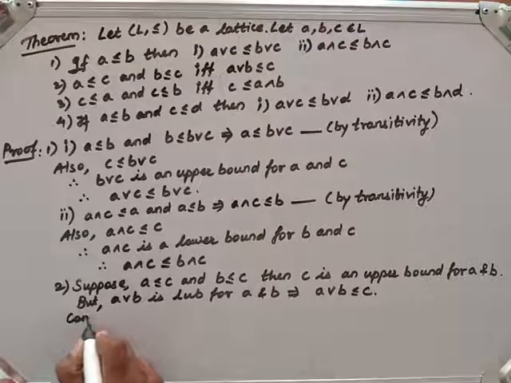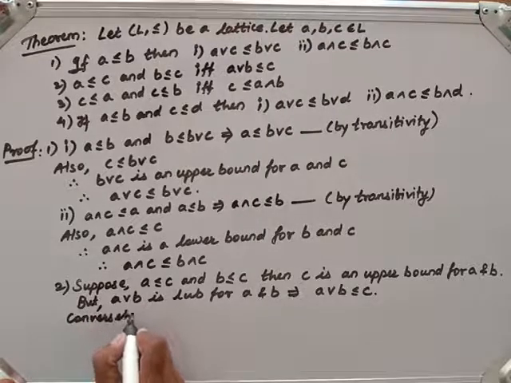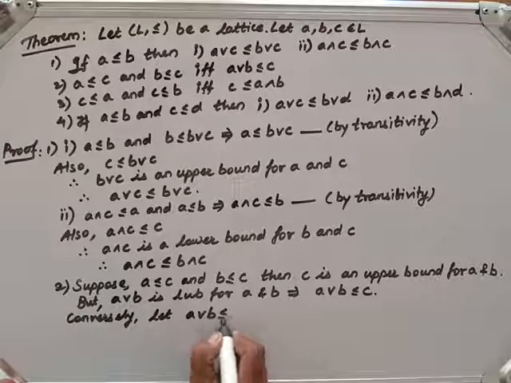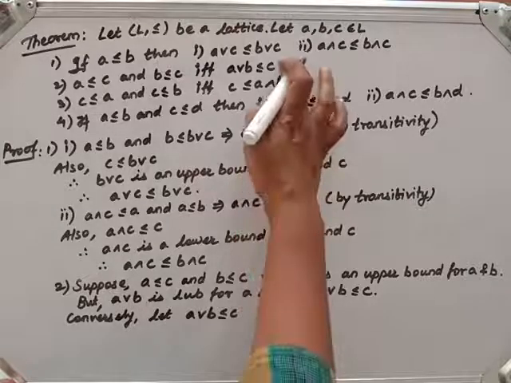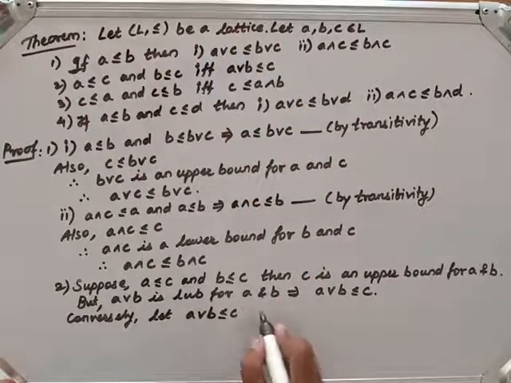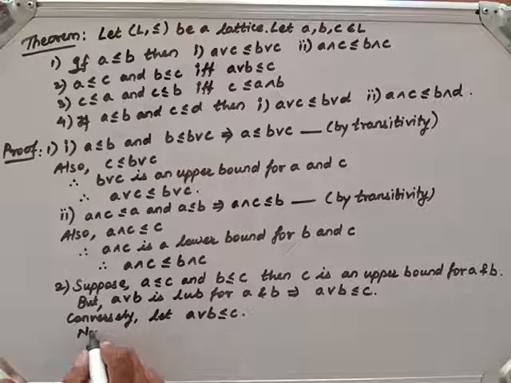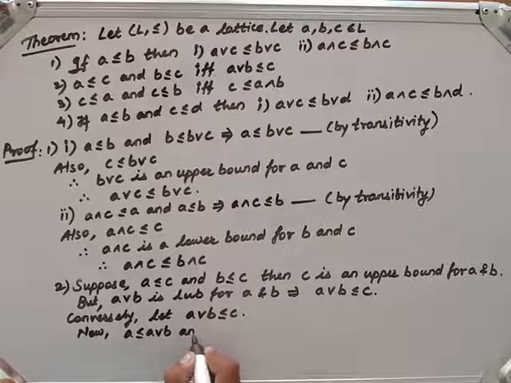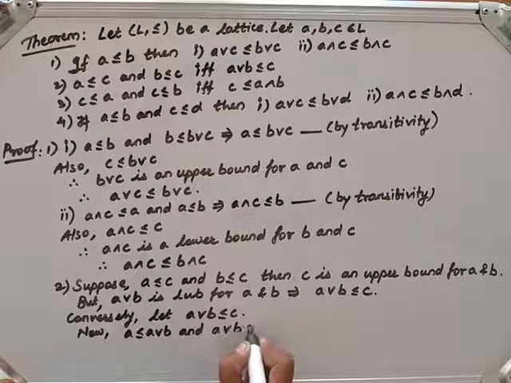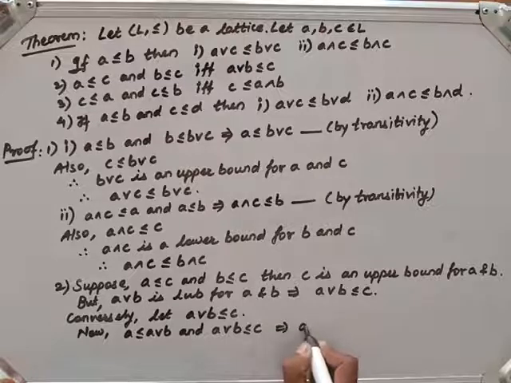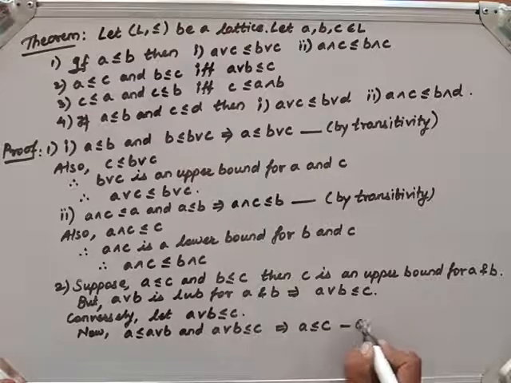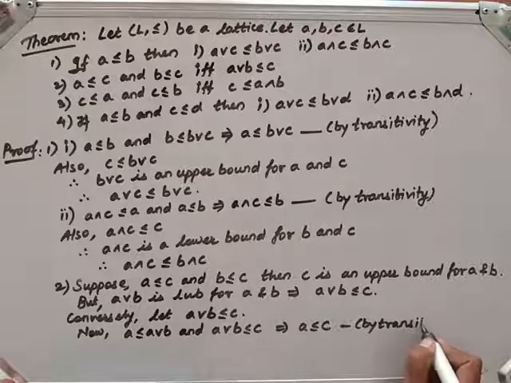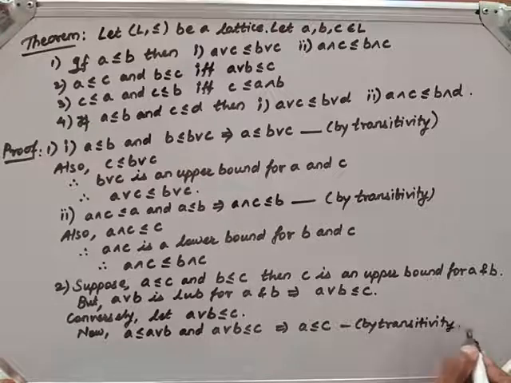Now conversely, let A join B be related to C. This part is given and we have to prove A and B are related to C. Now we know A is related to A join B and even A join B is related to C. So this says A is related to C by transitivity.